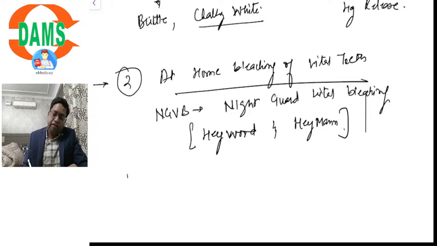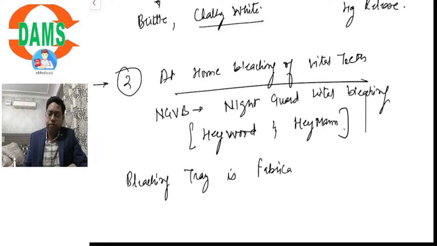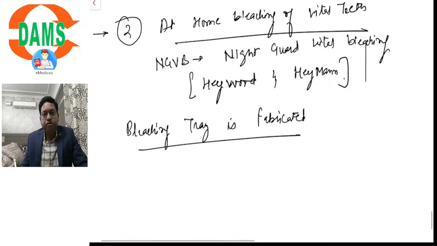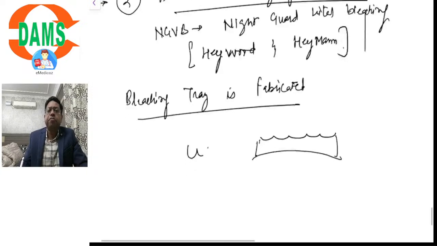We fabricate a bleaching tray. An impression of the tooth is taken, and like this a bleaching tray is fabricated, made up of clear material.